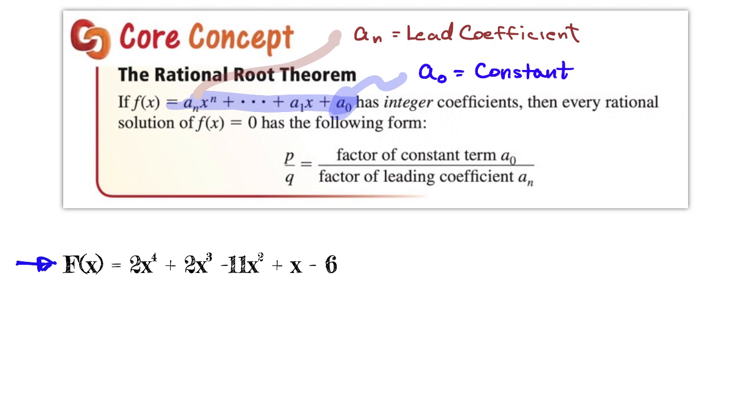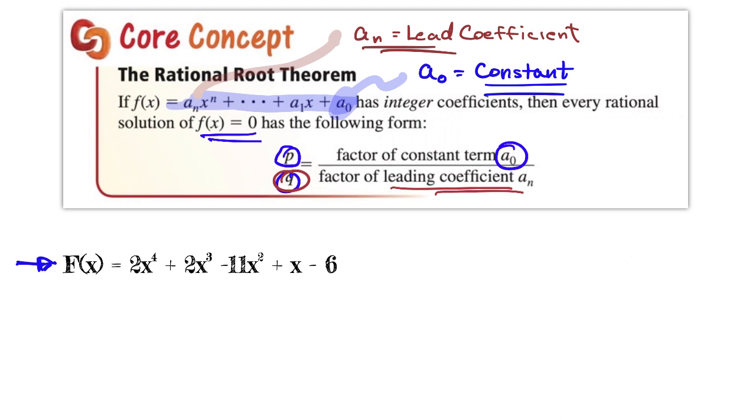If it does have solutions, rational roots, zeros, x-intercepts, so if you set it equal to 0, if it does have them, then one of those solutions, or more than one of those solutions, is going to be p over q, where p is the factors of the constant term, and q is the factors of that lead coefficient. Now that sounds pretty complicated, but it's going to be relatively easy to do.